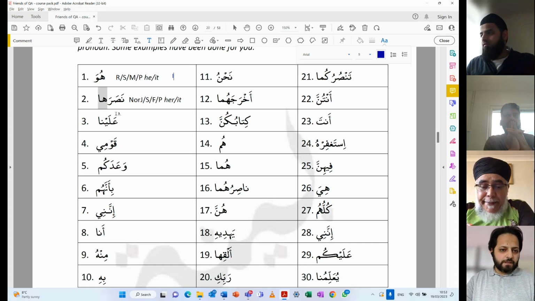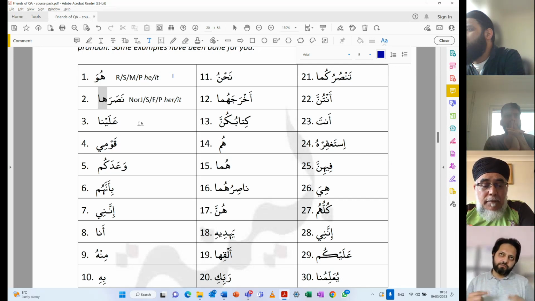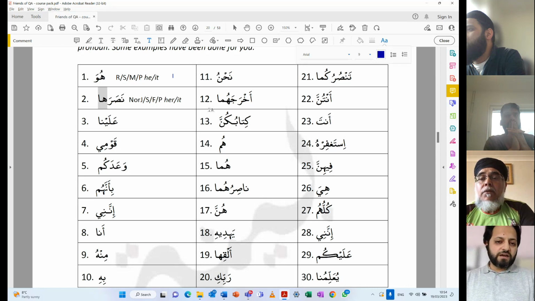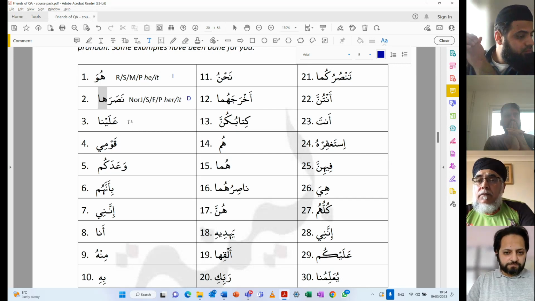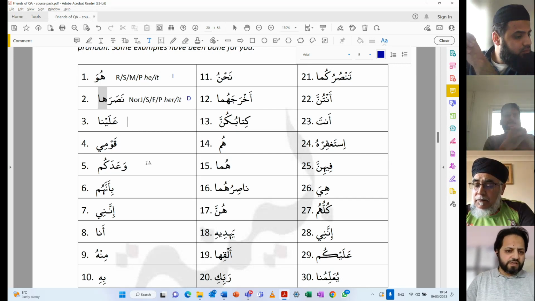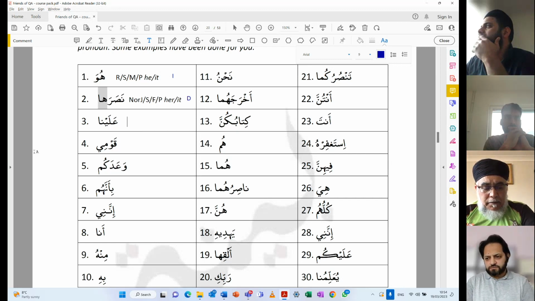Okay. The second one, you are looking at the word nasara, and then there is ha. You would look at ha and process in your mind, okay, ha was the attached form of huwa, so it's going to be an attached or dependent pronoun. That's the exercise. What do you think is alayna? Attached or independent?